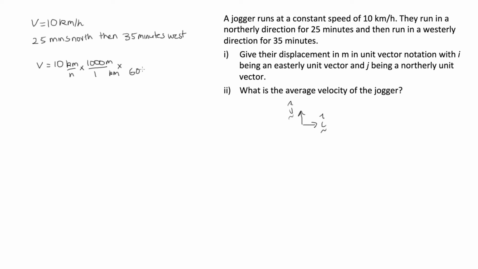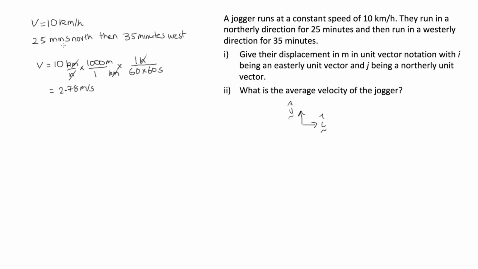So there's 60 times 60 seconds in 1 hour. So that'll cancel out our hours and our kilometers, and we'll end up with meters per second. So effectively what we're doing is we're dividing 10 by 3.6. And when we do that, we end up with 2.78 meters per second.